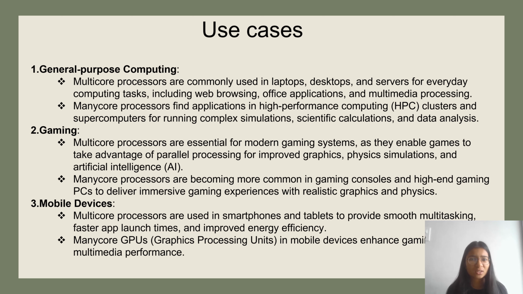And the third use case is about mobile devices. Multi-core microprocessors are used in smartphones and tablets to provide smooth multitasking, faster loading times, and improved energy efficiency. Many-core GPUs, graphics processing units, in mobile devices enhance gaming and multimedia performance.